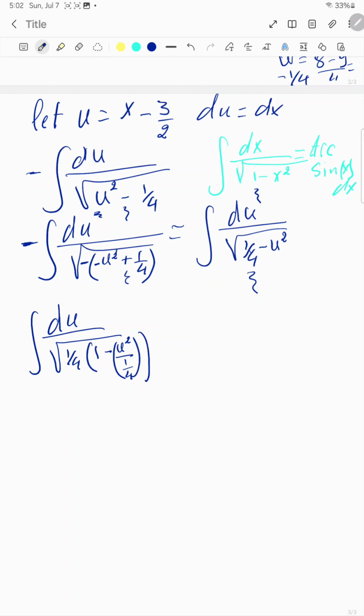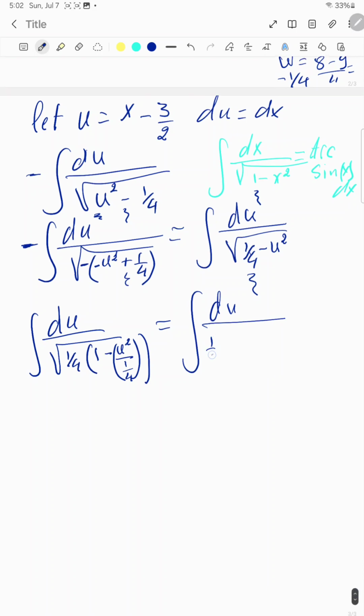But u squared divided by 1 over 4 is equal to 4u squared. So my integral will become du, and the 1 over 4, I will take it outside my square root. It becomes 1 over 2 square root of 1 minus 2u squared, which is 4u squared.